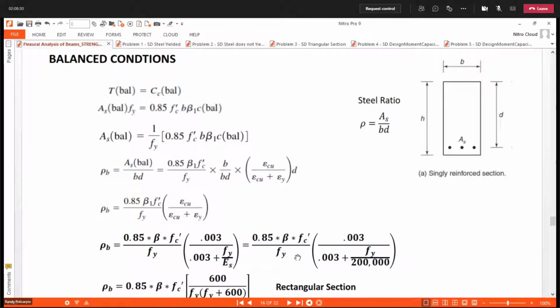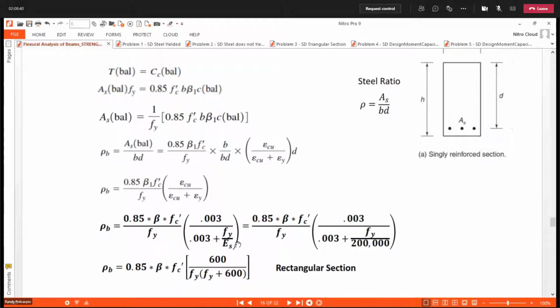By the way, if you correct your copy, this must be beta 1, okay? This beta here should be beta 1. Now, we substitute Es equal to 200,000 megapascals. Simplifying the quantity in the parentheses, we will have this resulting equation for our rho balance.